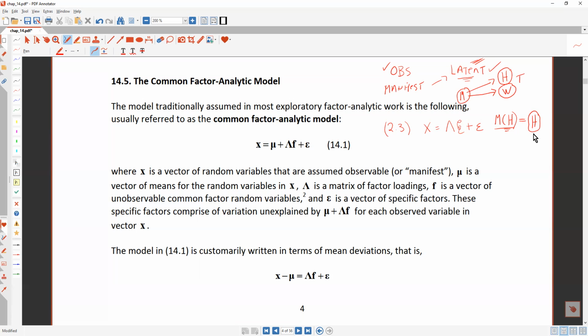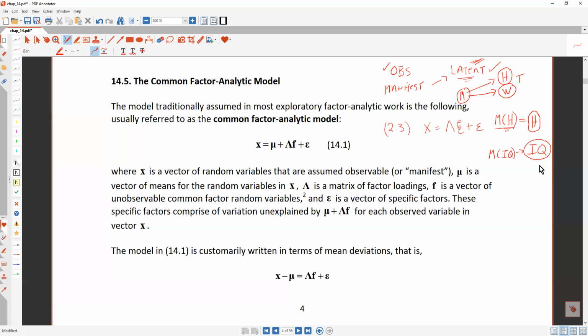So if height is latent, well then IQ is latent as well. So we have an IQ variable here as well. Now, if I were to measure IQ, this measurement is going to tell me something about the IQ, but it's going to be imperfect.